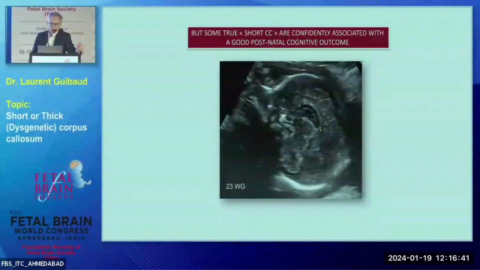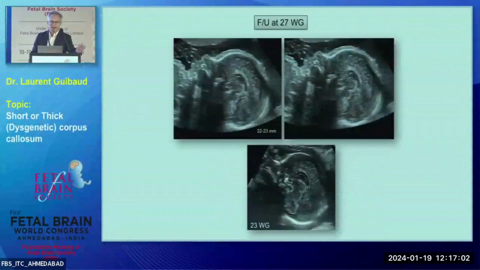But some true short corpus callosum are confidently associated with a good postnatal cognitive outcome. This is a case where you can say short, but the prognosis is good. Why? You may wait some weeks, and if you wait, you see clearly an echogenic band just above the corpus callosum. It was, in fact, tricky to find this at 23 weeks.